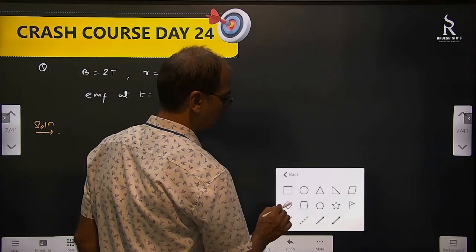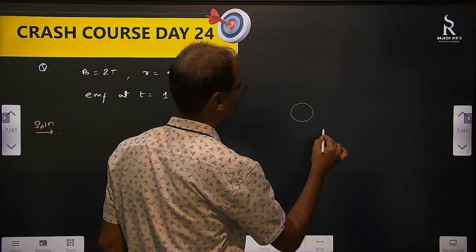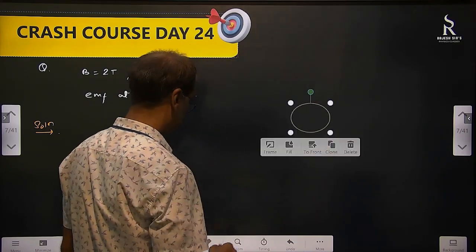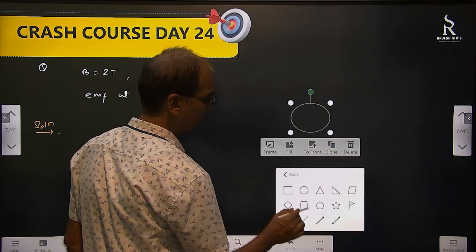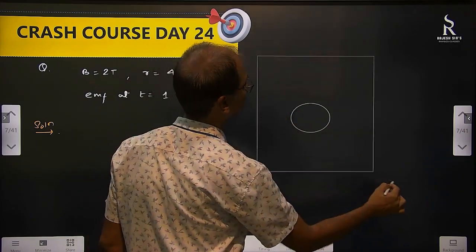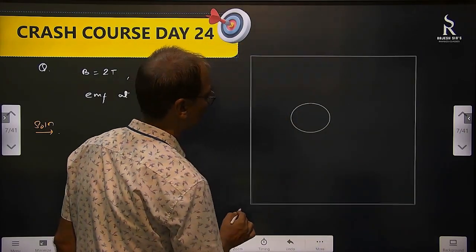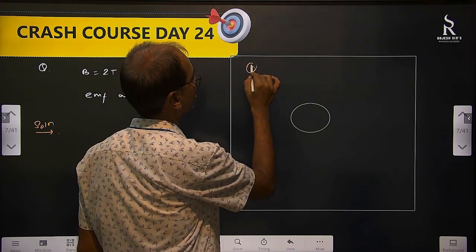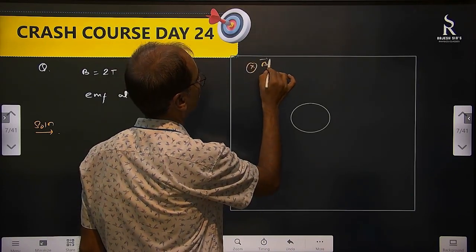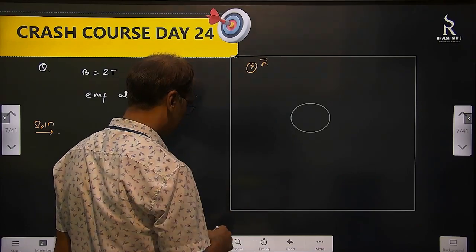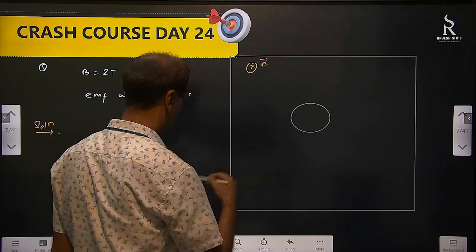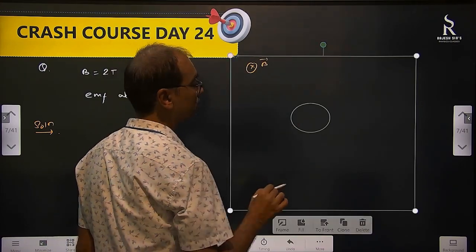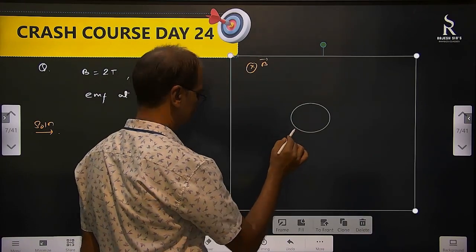Suppose this is the coil and this is the zone in which the magnetic field is there. Now the area of this coil, or rather its radius, is changing.